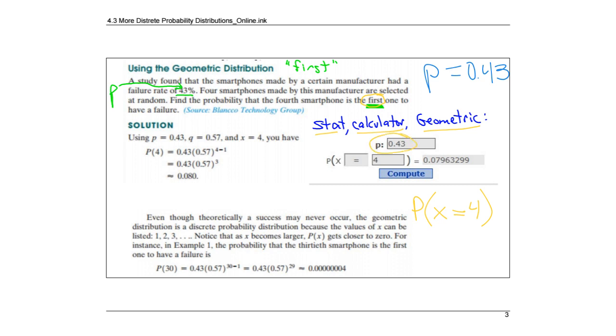We're going to put in our p of 0.43. We're going to put in that we want the probability of x equal to 4. And you hit compute, and you're going to get your probability right here. And so it's about 0.08. And that's the probability that the first phone to fail is going to be the 4th phone.